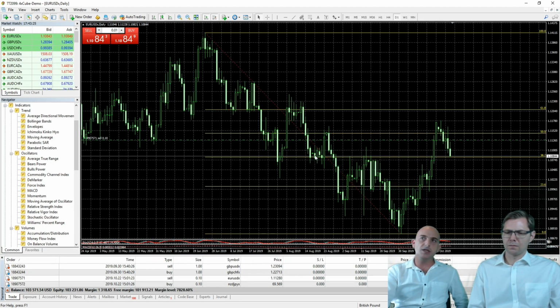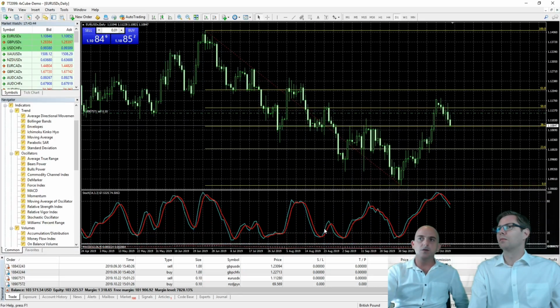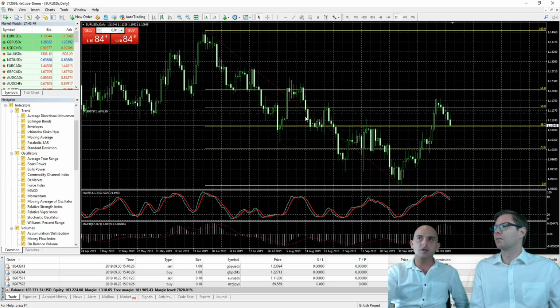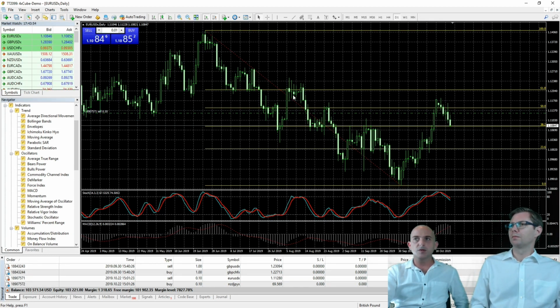So then again, we're testing this level as support. It's the third time testing, and it has bounced back up to this level. Hasn't broken through. Probably now it might be an idea to use other indicators in conjunction with Fibonacci's, because Fibonacci's is really most effective in a ranging market, but it's obviously also effective in a trending market.